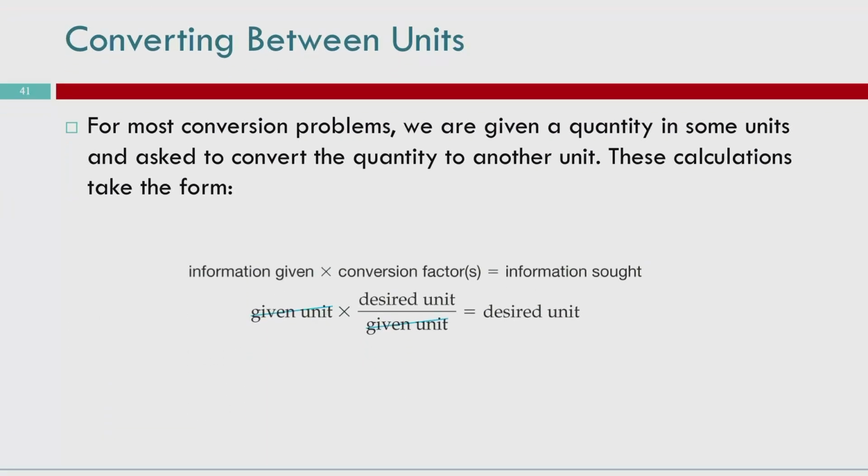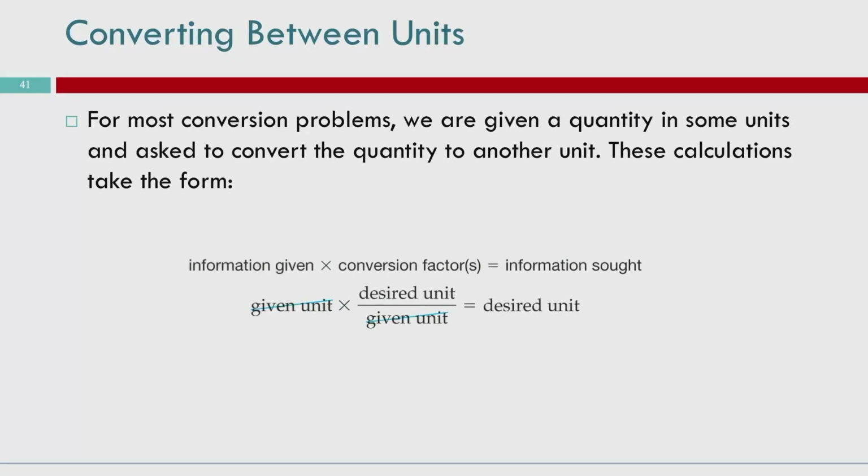For a lot of our conversion problems, we'll be given a quantity in some units, a number with units with it, and we'll be asked to convert that number, that's what a quantity is, to another unit. I usually color code my problems when I'm doing them for class.